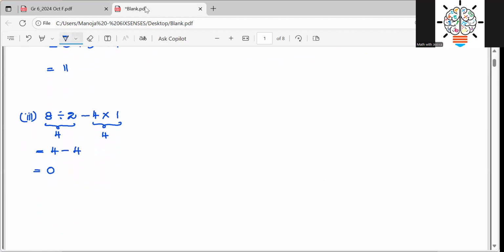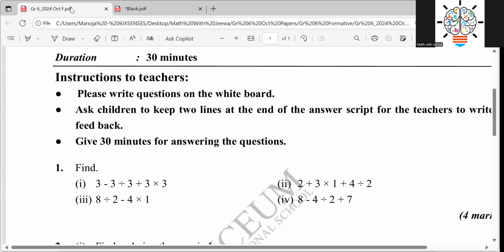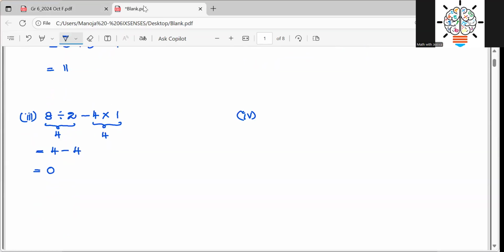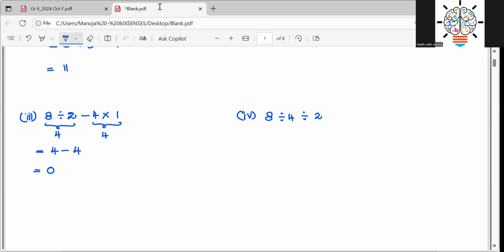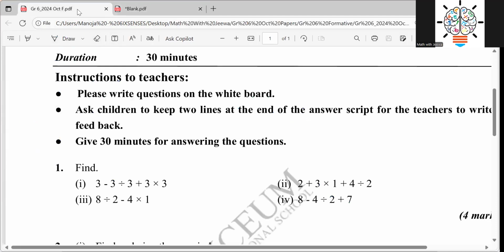So here we have the Roman number 4. 8 minus 4 divided by 2 plus 7, right? Plus 7. So then you have 4 divided by 2. Sorry. We want to double check the question.